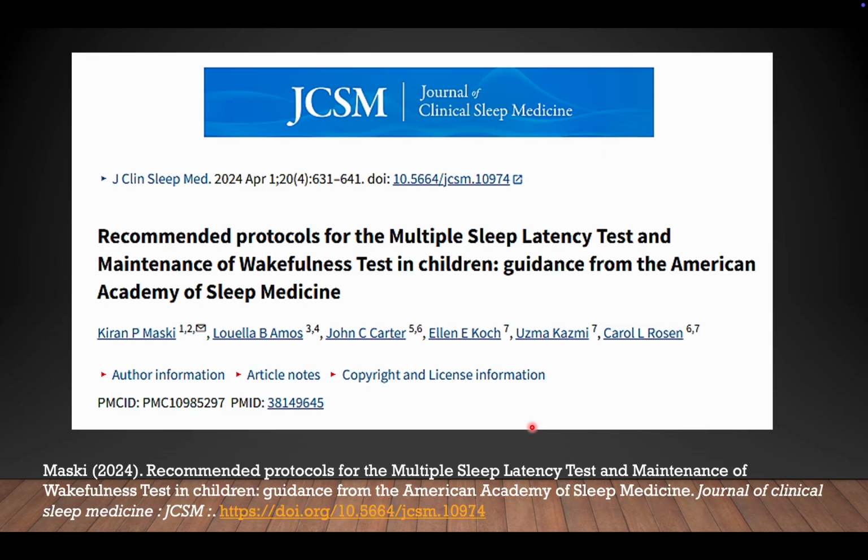And if you are working in a sleep lab where the MSLT is being done for pediatric populations, there are new recommended protocols by Maski et al., which was published last year in 2024. It's a very good read.